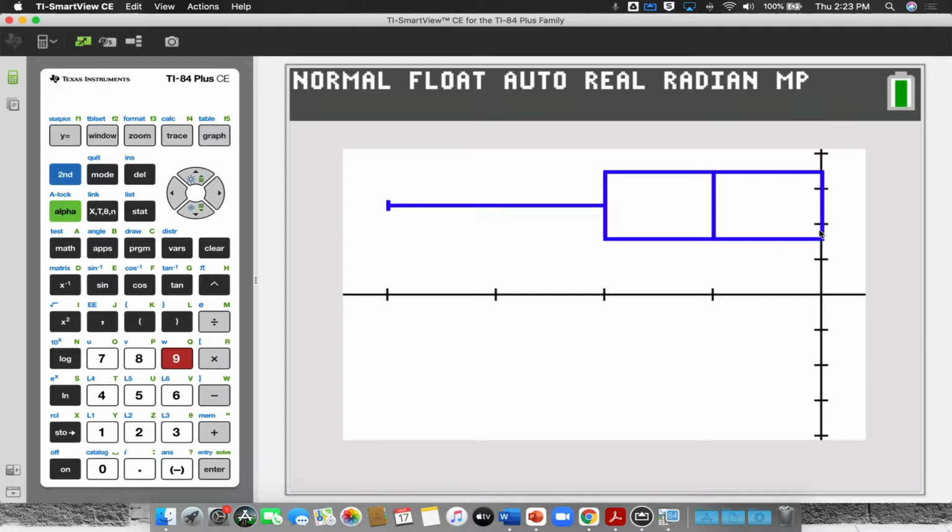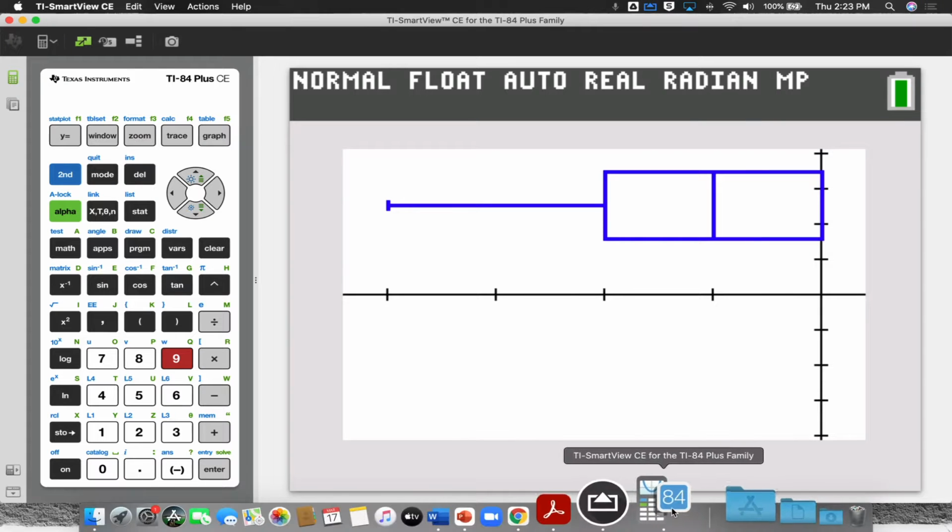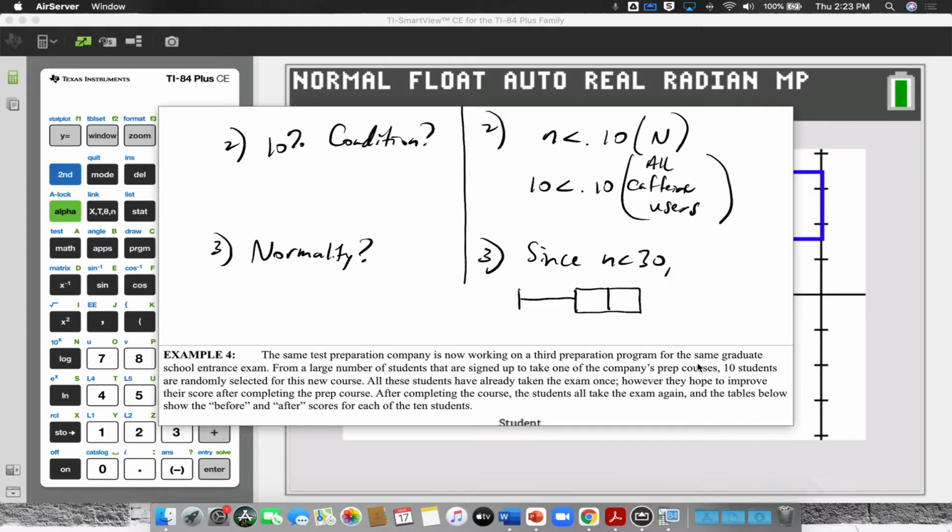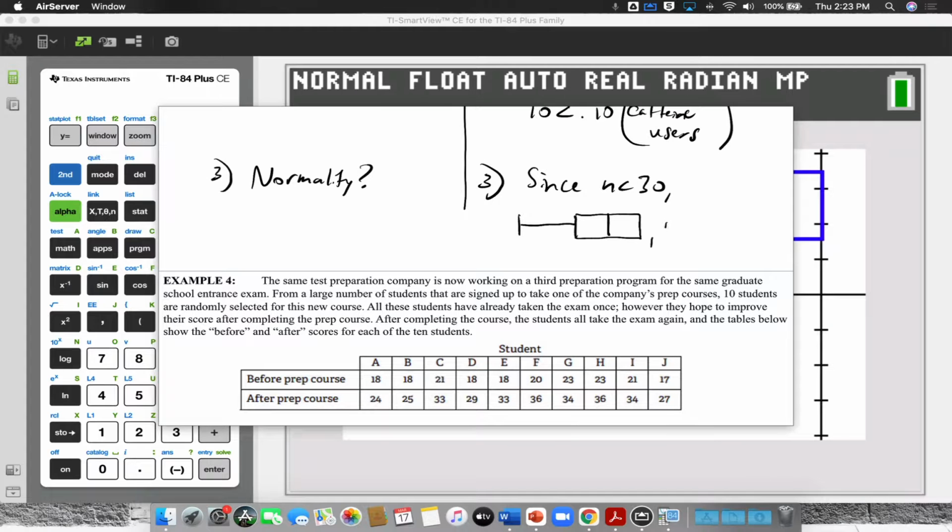What is 25 divided by 10? It's 4, right? So it's close. That's why 25% of the data is right on 0. 25 is here, 25 is here, and then 25 is here. Okay.